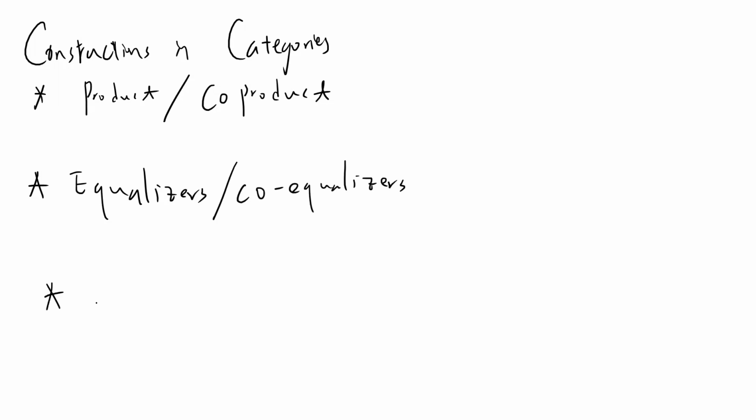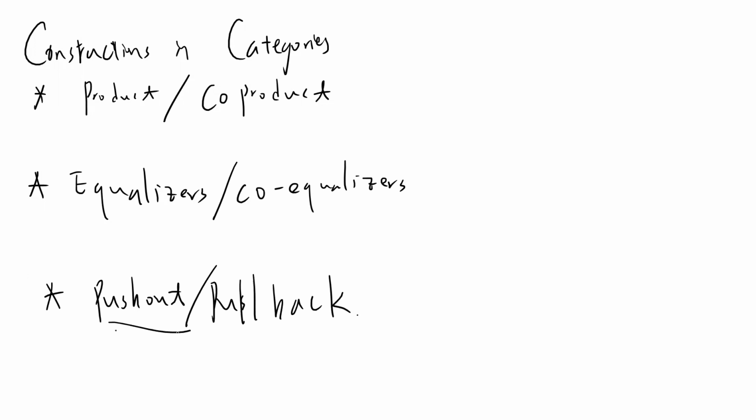Also famous in algebraic geometry and algebraic topology are the pushout and pullback. The pushout appears in the fundamental group if you learn algebraic topology, and the pullback is also in algebraic geometry.